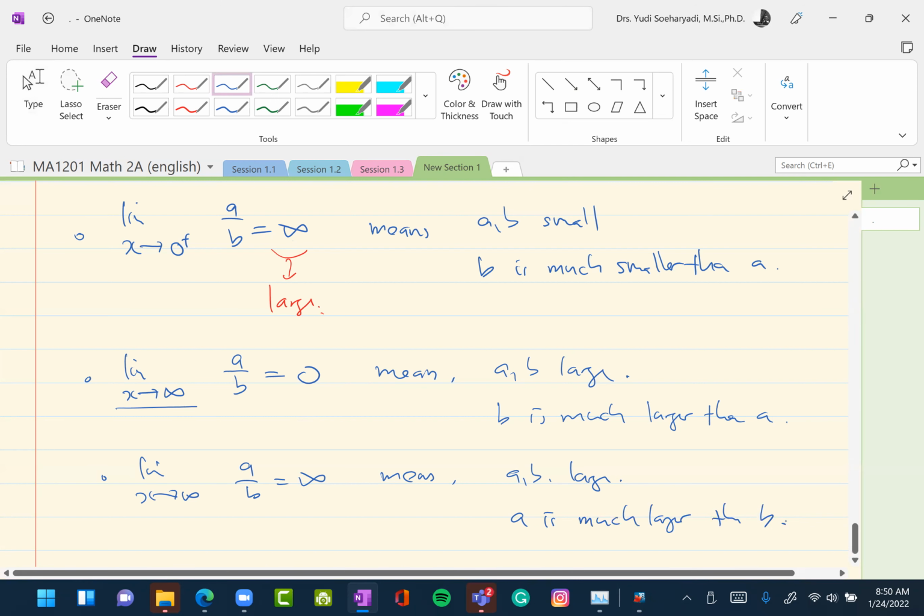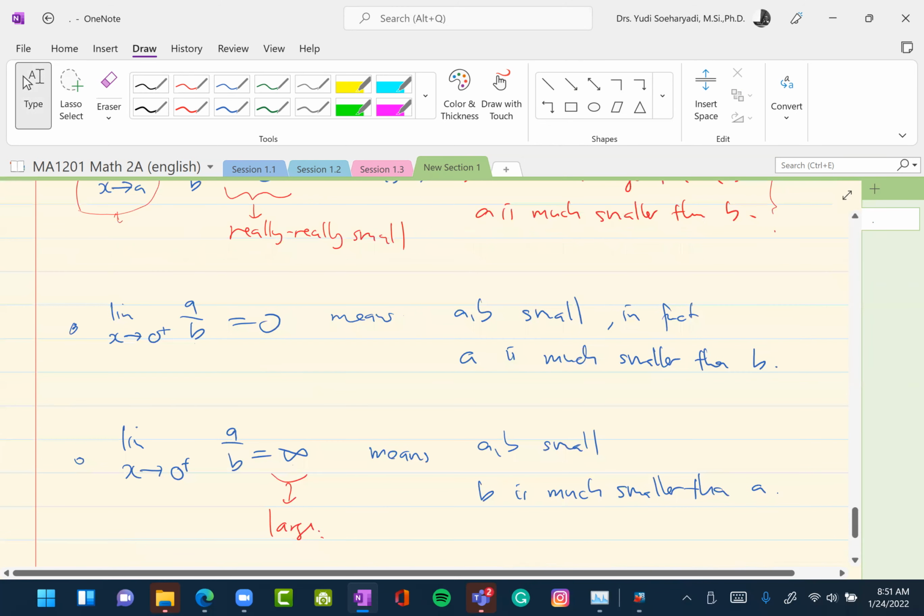All right, so we have four situations. A and B are small, but one is much smaller than the other, or much bigger than the other. This gives you this limit. Zero means small in this case. In the context of calculus, infinity is large.